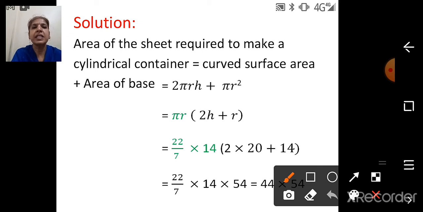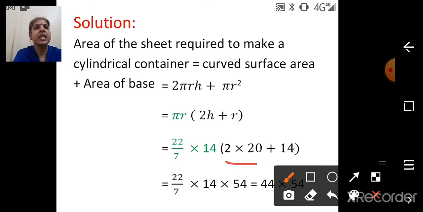After writing this, substitute the values. Value of pi 22 upon 7 into r. R is 14. And when we know that one of the numbers, maybe radius or height, is divisible by 7, we take 22 upon 7. And here it is 22 upon 7 pi into 14. And in bracket, that is 2h, so 2 into 20 plus 14.